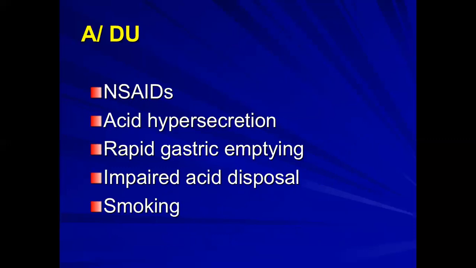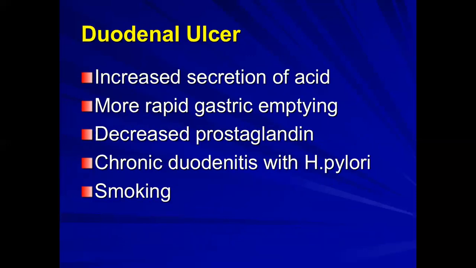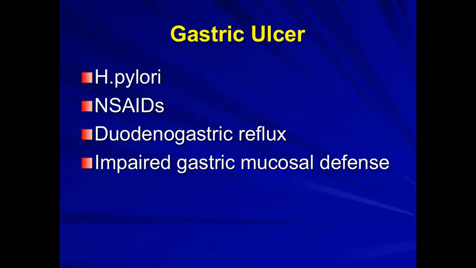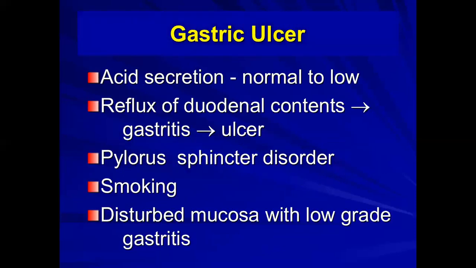Duodenal ulcers, again, can be due to NSAIDs, acid hypersecretion, rapid gastric emptying, impaired acid disposal, and smoking. So there is increased secretion of acid. Gastric ulcer, again, H. pylori, NSAID, duodenogastric reflux, and impaired gastric mucosal defense are also causes of gastric ulcer.